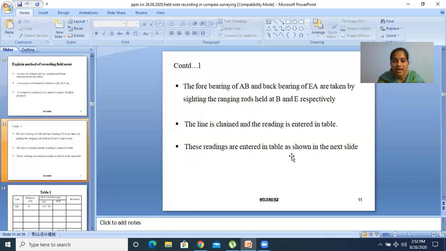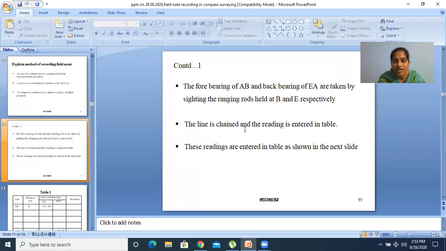How can we take that? By placing the ranging rod at station B, we are taking the forebearing of AB line, and by placing the ranging rod at E station, we are taking the back bearing of EA line, from station A. After taking this forebearing and back bearing of the lines, you can enter them into the table.